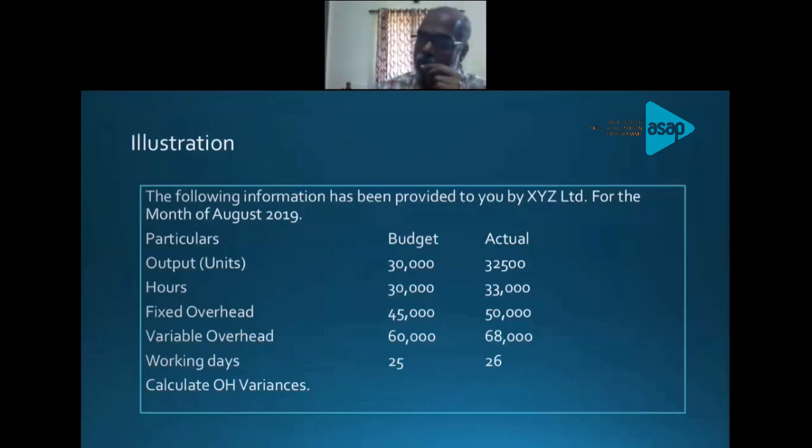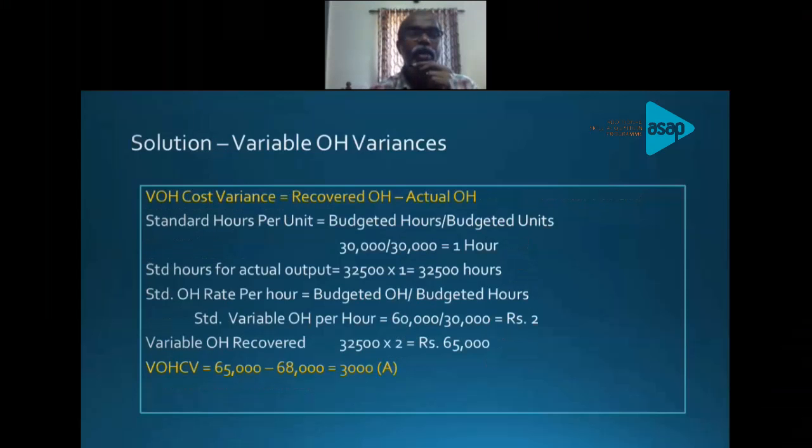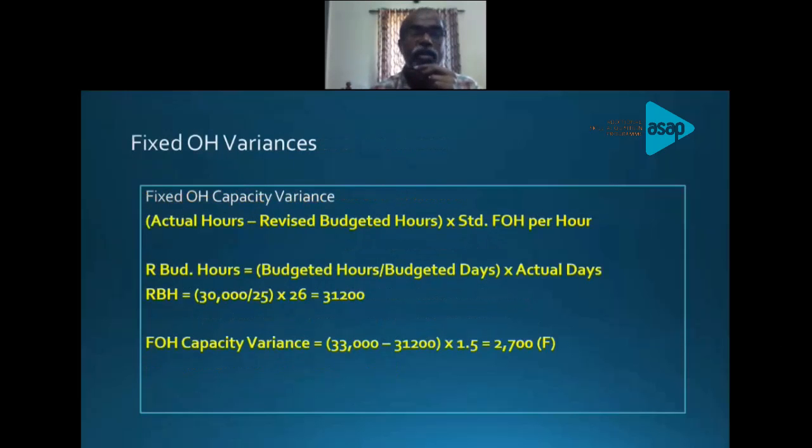We may not be able to finish it because it is a full-fledged problem. Excuse me, I don't have enough time to complete this, so I would like to conclude the session. We are not completing the fixed overhead variance. We have explained only the theoretical concepts of overhead variance.